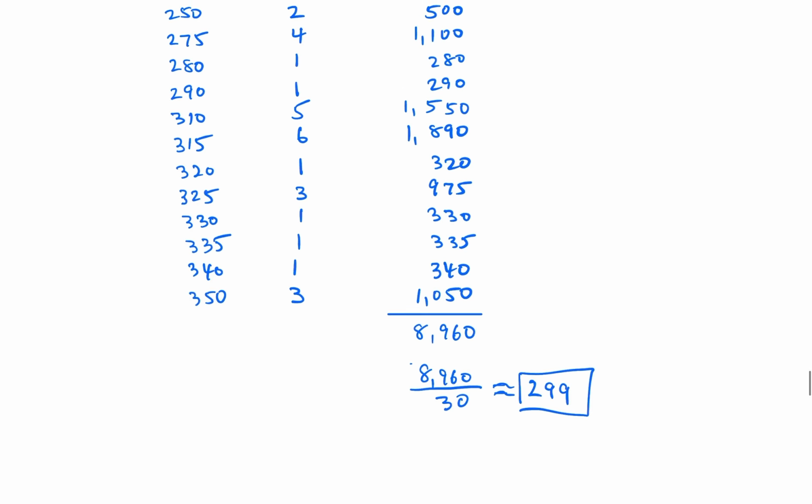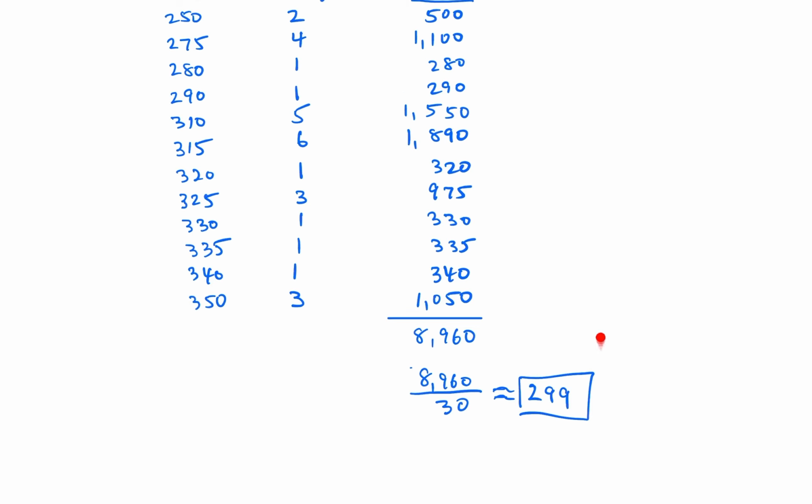So if you compare this value to what the data is telling us, we said that it should be about 310 to 315, right in that range. This 299 makes sense because we have 6 data points at the lower value that's pulling the average down a little bit. So this would be our average of the 30 pricings.